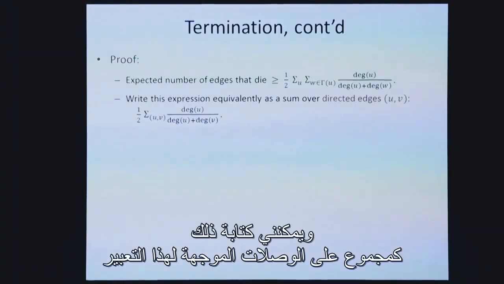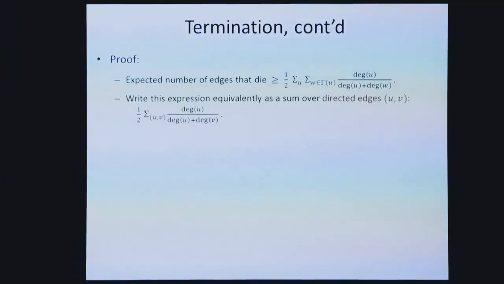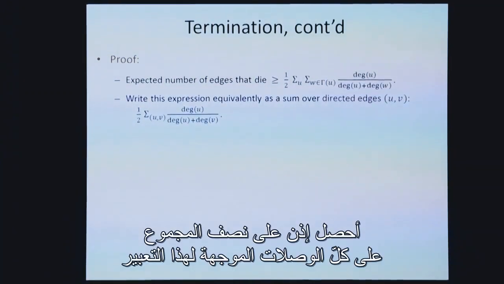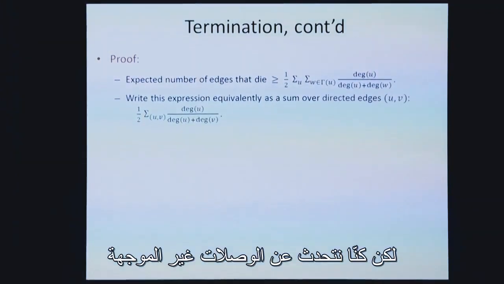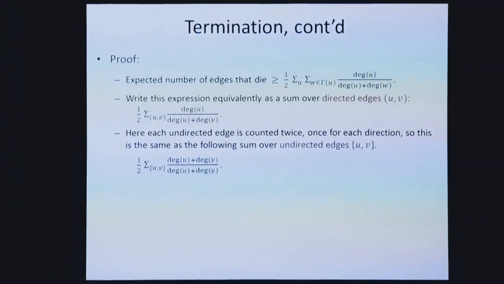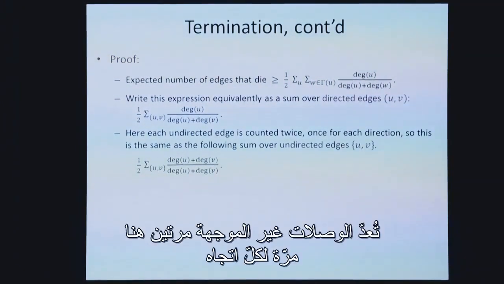So I can write it as the sum over all the directed edges of this expression. Okay, so I get 1/2 of the sum over all the directed edges of this expression. But we were talking about undirected edges. And the undirected edges are being counted twice here, once for each direction.